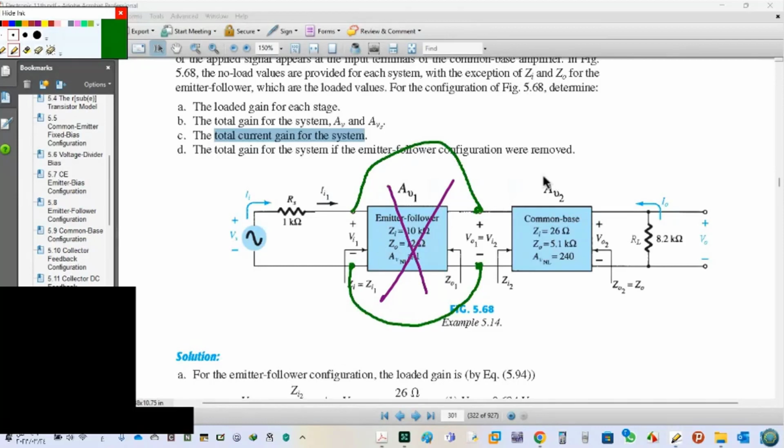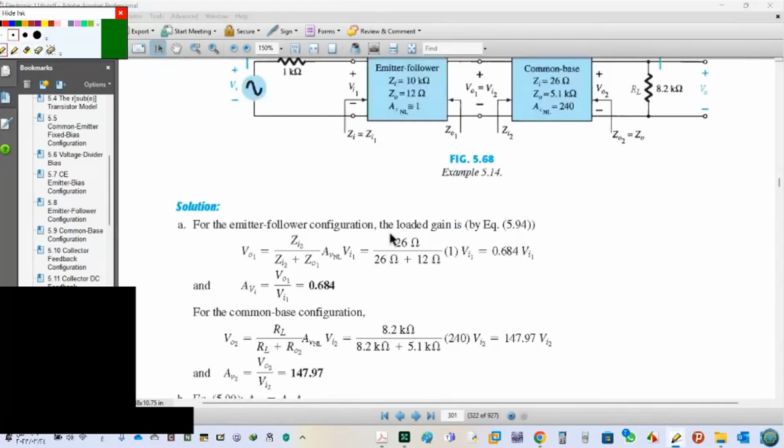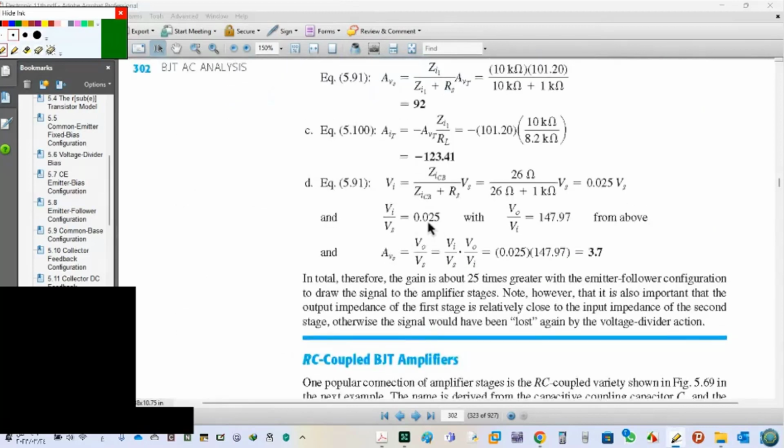So this is a system with one amplifier, and you can directly calculate the parameters you want like the normal case. Here, ZI common base over RS, and you can calculate the rest of the parameters that you want. Any question about this?